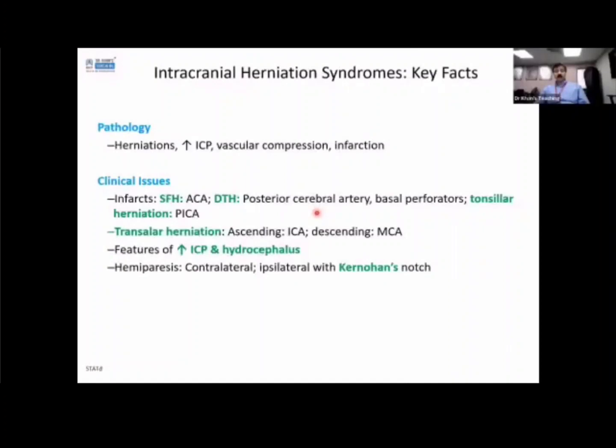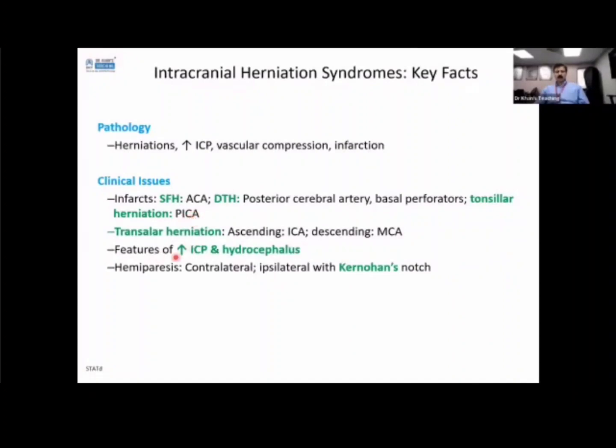And please remember, these are the clinical scenarios which you have to mention to the examiner. It can cause infarctions. Subfalcine herniation, ACA territory. Descending transtentorial herniation, PCA. These ones are not all that important. Tonsillar herniation can cause PICA infarction, not all that important for your exam.